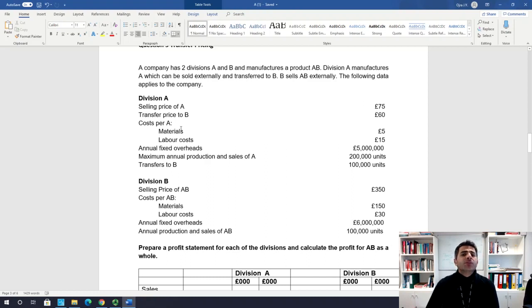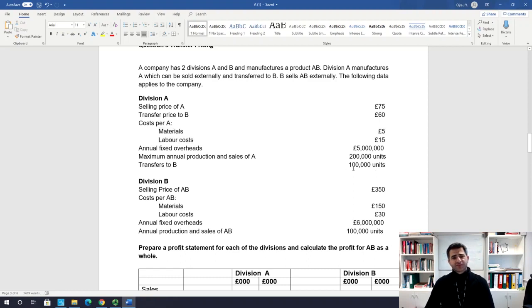Transfer price to B, £60. We have the cost: material, £5 per unit, labor cost, £15 per unit. Fixed cost, 5 million. Maximum annual production and sales, 200,000, and the transfer to B, 100,000.